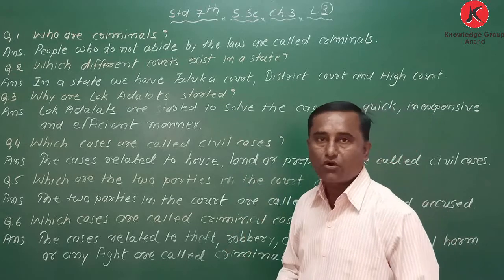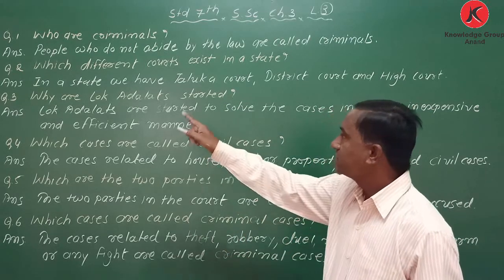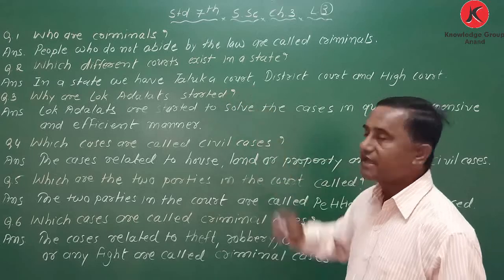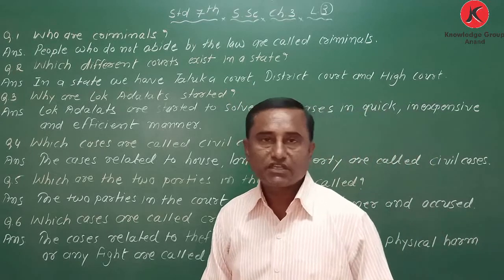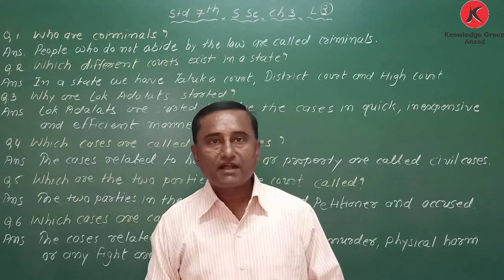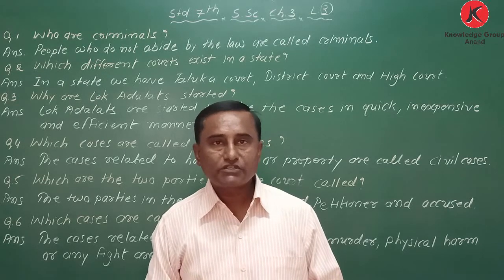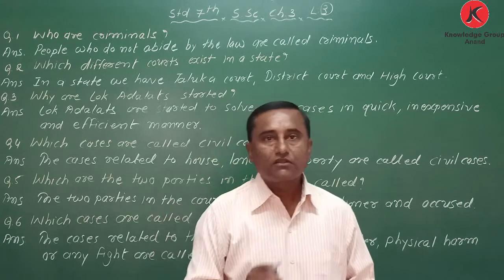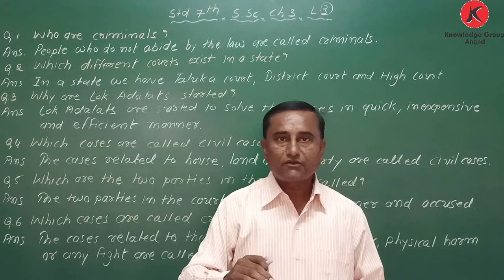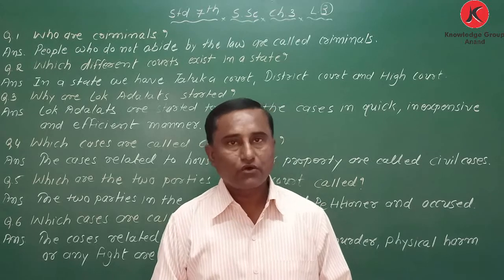Second question: which different courts exist in a state? When I explained the chapter, I said there are three courts in a state: Taluka court, after Taluka, district court, and after district we have High Court.